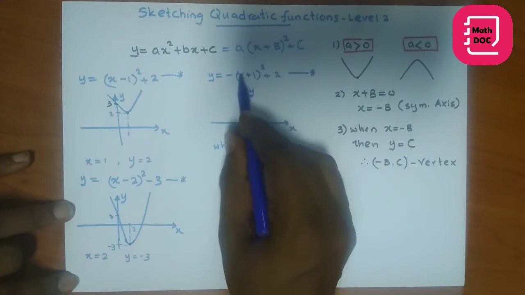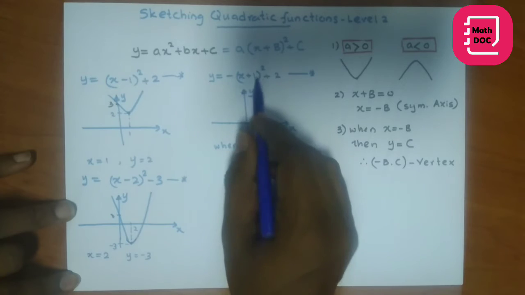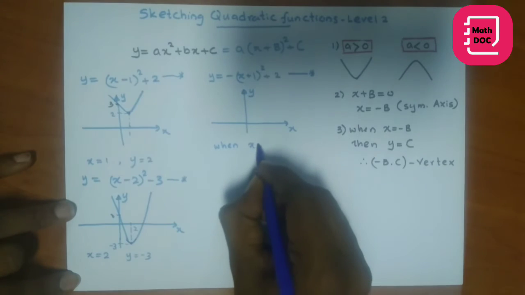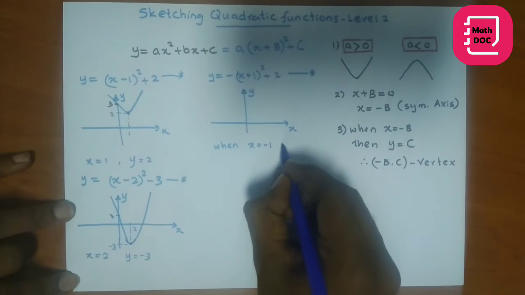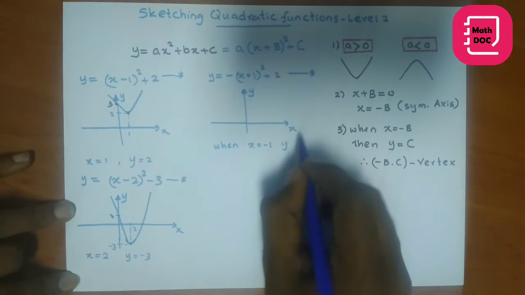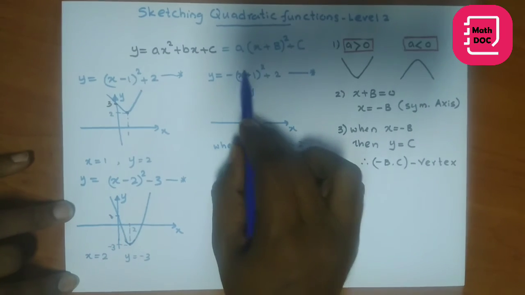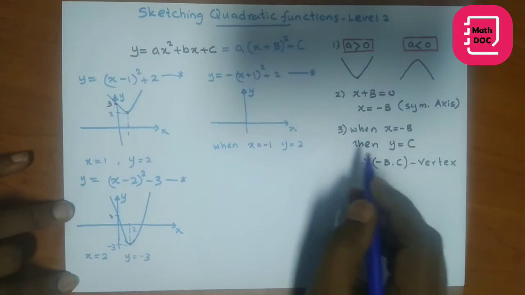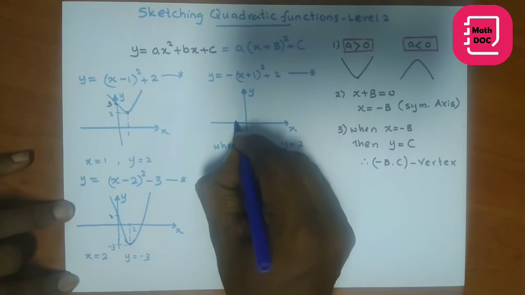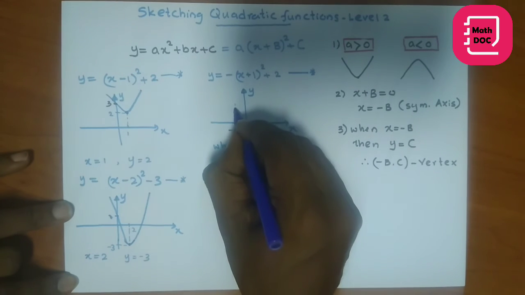When x equals minus 1, this perfect square will disappear. x equals minus 1, the corresponding y value is 2. Then y value is 2. Then the vertex is (minus 1, 2). Here it is.